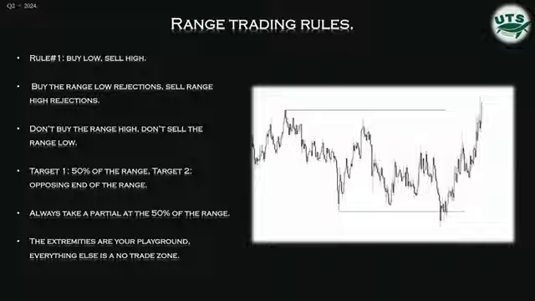Look for a range, wait for it to get souped at one end, turtle soup, and buy here, sell here. It's that simple. With, of course, if you want to confirm, Model 1 being the confirmation. Right? Thick down close candle, let's stab into the low, close above, buy into it. As a range trader, the extremities are your playground. You don't touch price except if it reaches here or here. Everything else is a no trade zone.